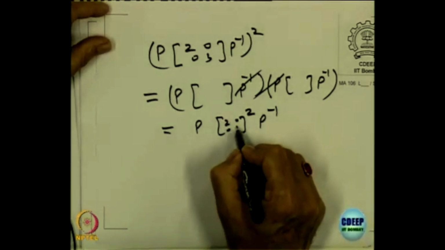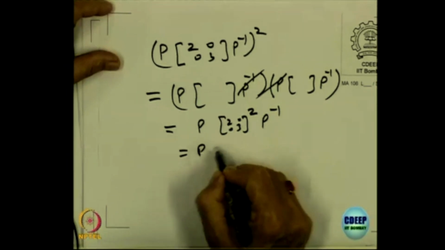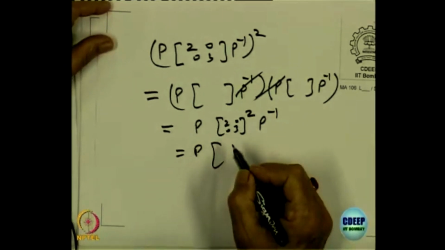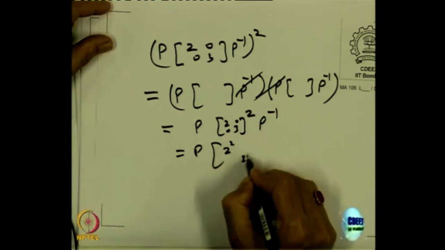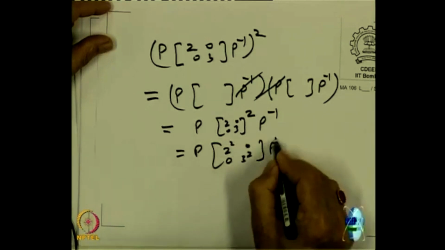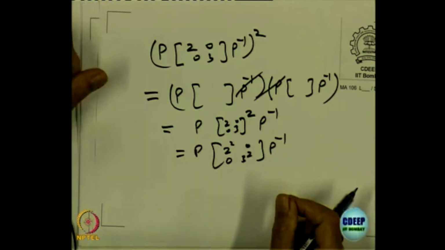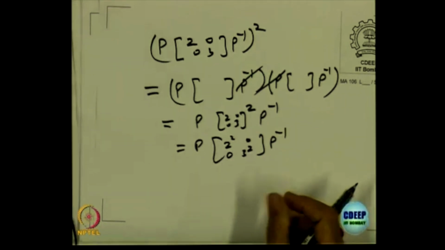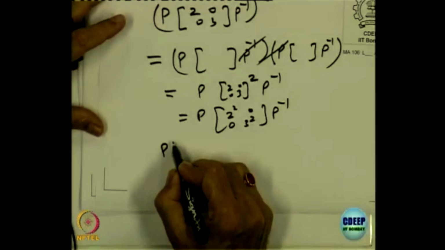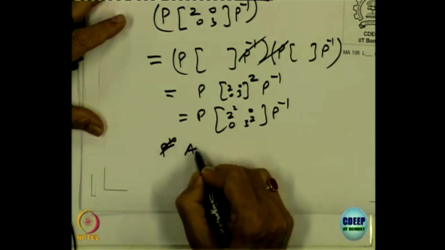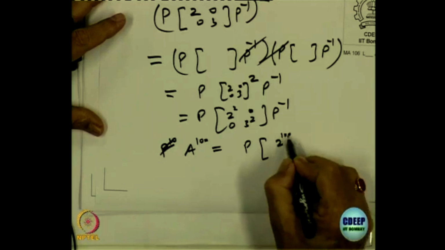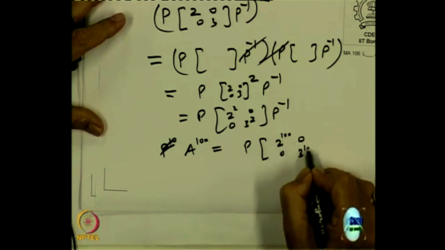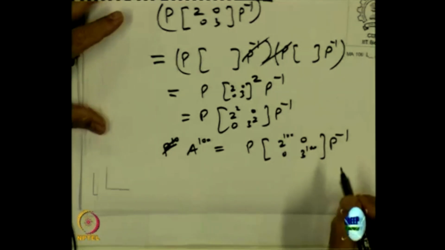The square of 2, 0, 0, 3 is 2 squared, 3 squared, 0, 0. So what will A to the power 100 be? That will be P, 2 to the power 100, 0, 0, 3 to the power 100, P inverse.